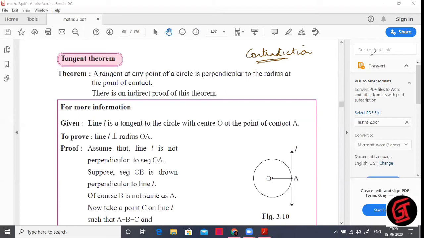Suppose I keep two pencils in front of Soham. I tell Soham that from these two pencils, he has lost one pencil.